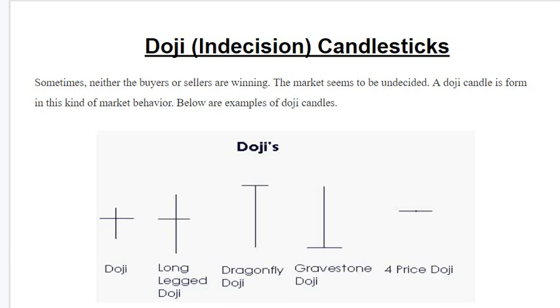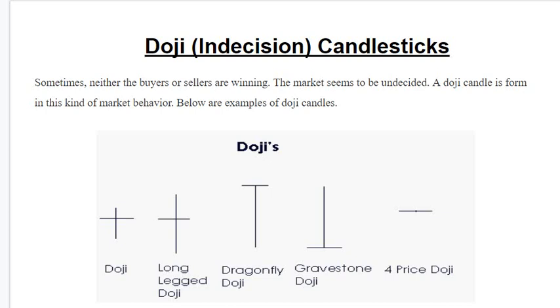And when it forms, this is kind of an indicator that the overall amount of traders or investors are unsure on what to do and are unsure if they're willing to pay a higher price or are willing to sell at a lower price or higher price and so forth. So these are great candles to keep an eye out for.